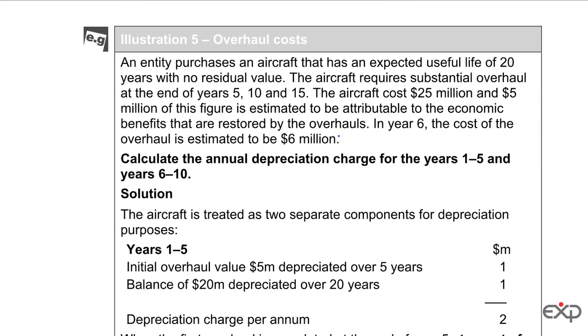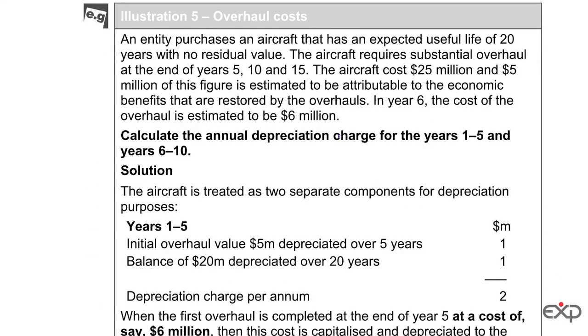Now let me give you an illustration. Here we have an entity that buys an aircraft that's got an expected useful life of 20 years and no residual value. We know that it requires a substantial overhaul at the end of years 5, 10 and 15. The aircraft cost us 25 million.